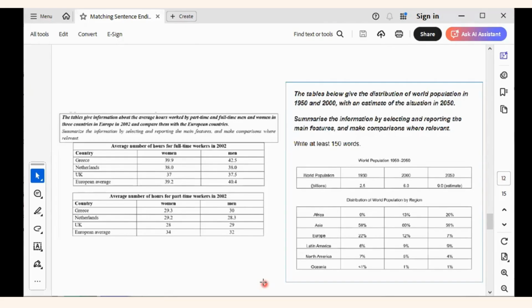Let me write a report based on this table. We'll move to another screen so that the stuff will show very well.